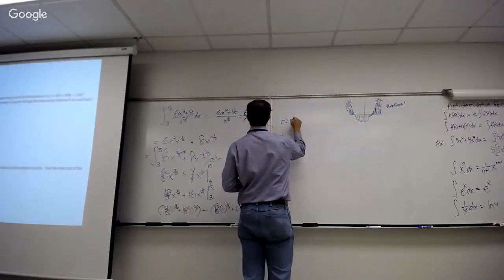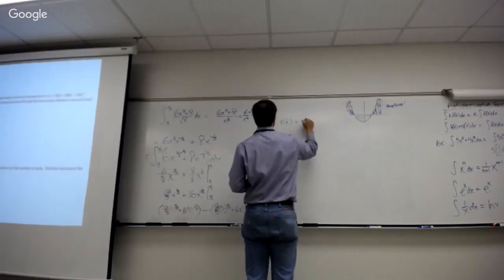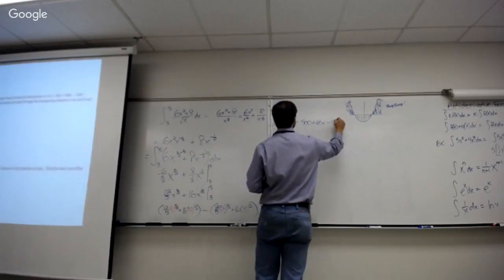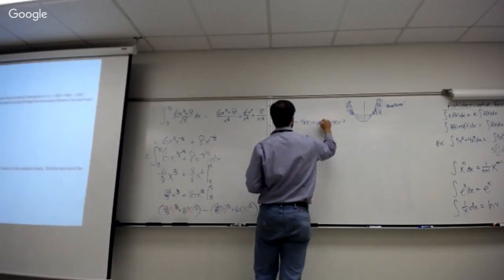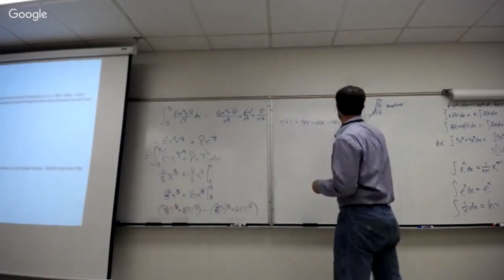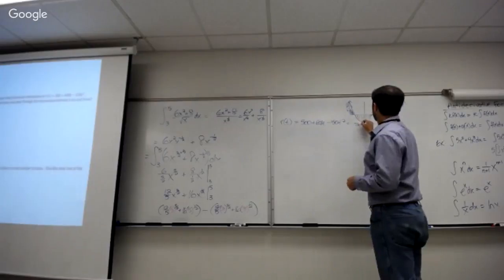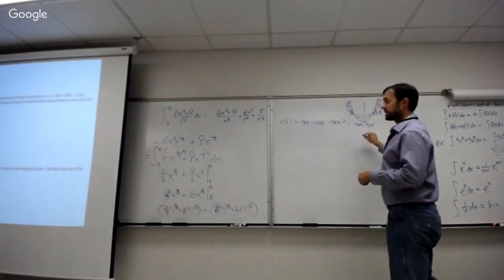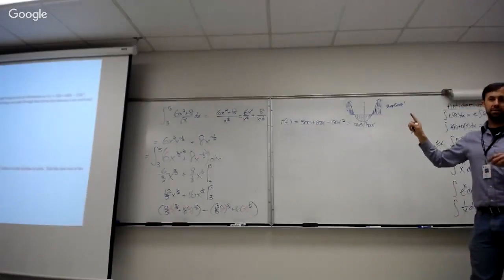R of t equals 500 plus 600 t minus 150 t squared. Now let's consider what they just told us. What is that calculating? Yeah, cars per hour. Okay, they're calculating cars per hour.